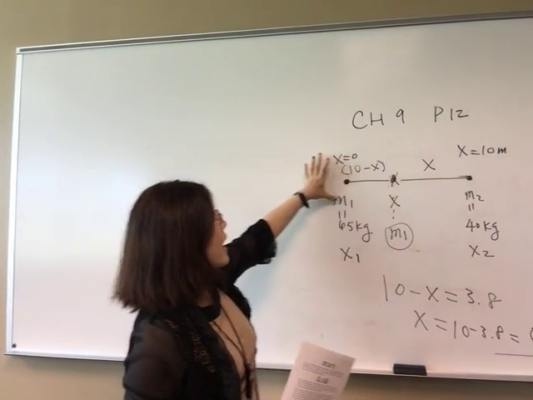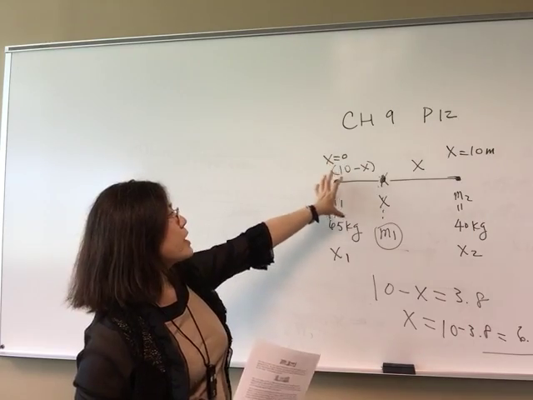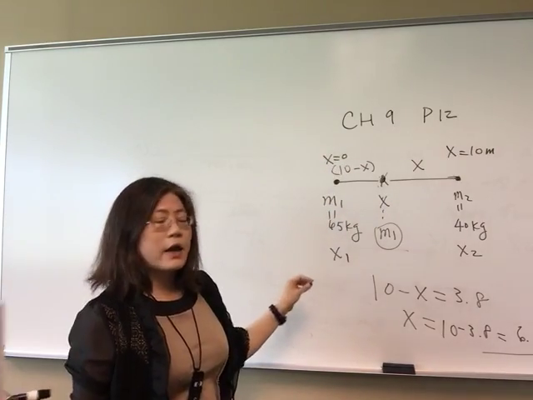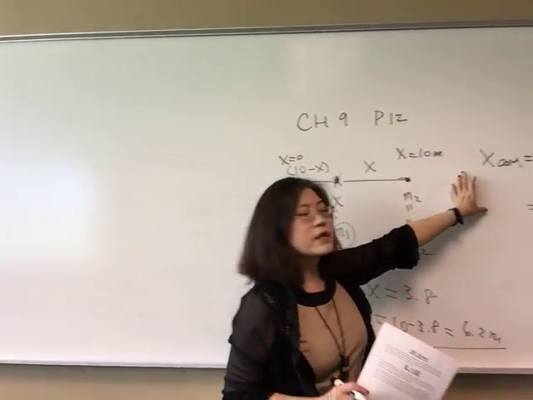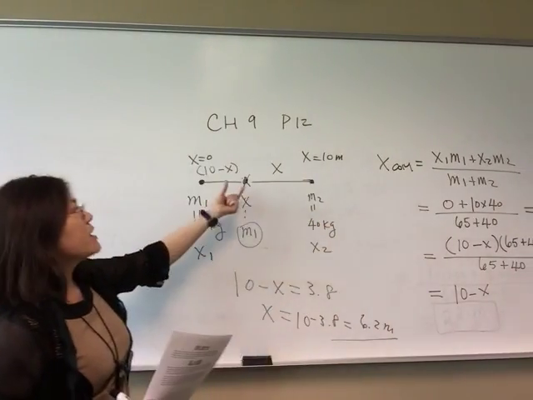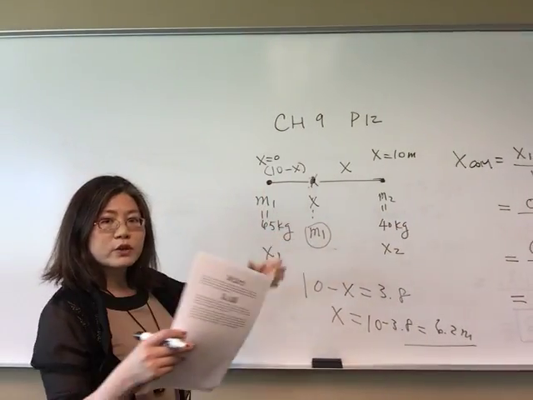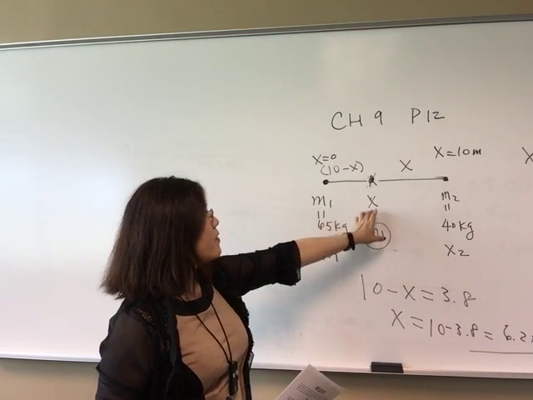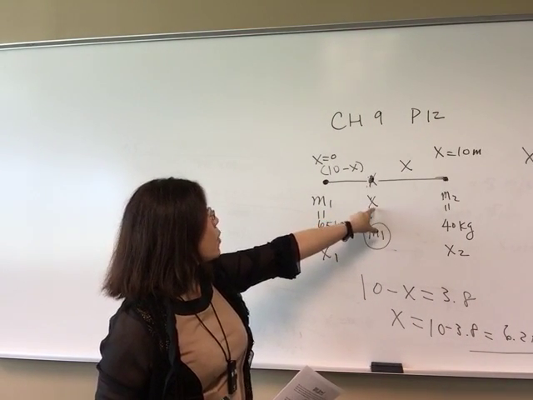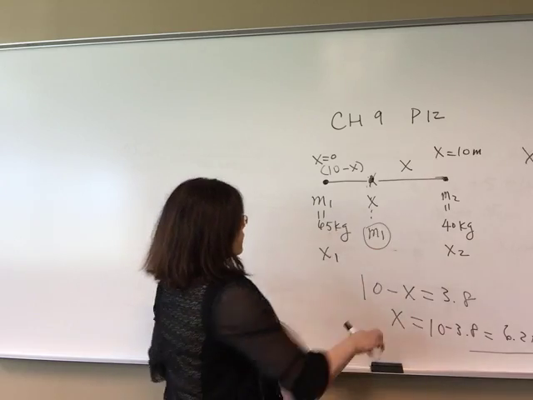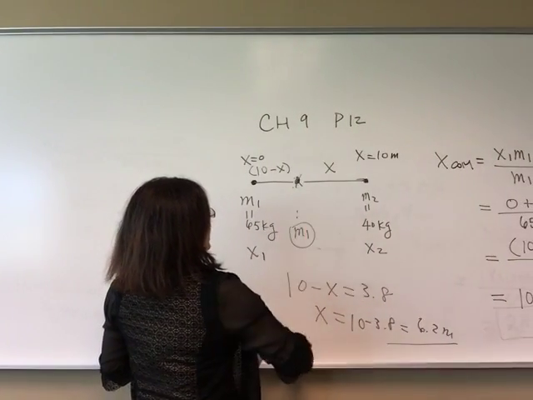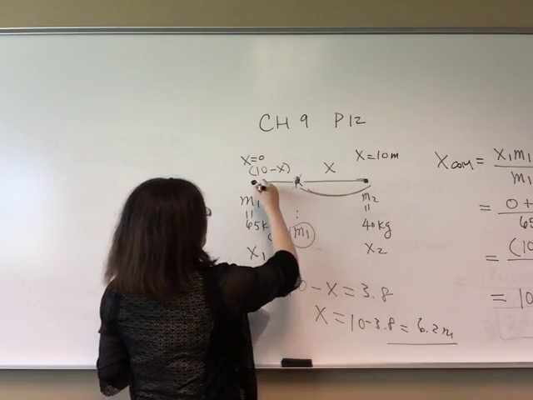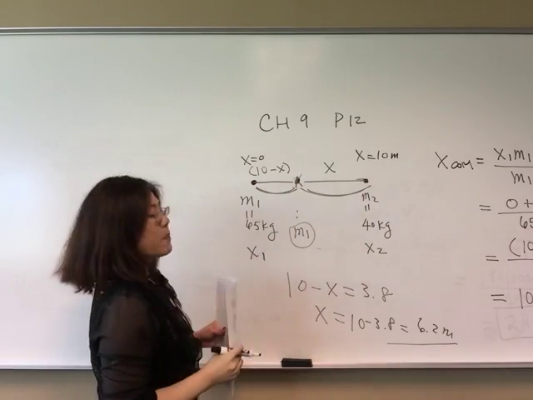So this problem basically utilizes the definition of center of mass. When both masses are at both ends, you can calculate where the center of mass is. And then once they come toward each other, all the mass is contained at this point, and we can call the position x. If this is x, then this will be 10 minus x.